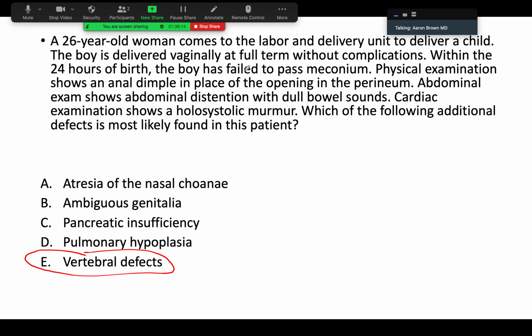So the precise condition they're discussing here is something called VACTERL, which is an association where it is currently unknown what causes it exactly. You'll also hear it called VATER syndrome. VATER is essentially without the limb abnormalities, but everything else is there.